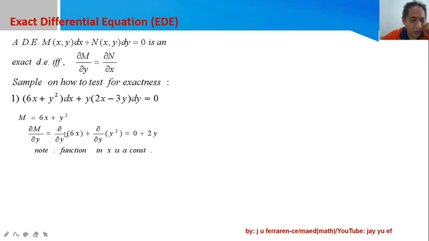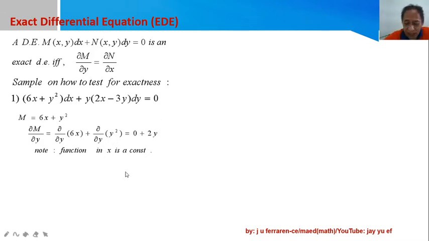So, differentiating partially with respect to y, the variable x here is considered as a constant. Thus, the first term is free from y, which means this 6x term is a pure constant term, the derivative of which is 0. Y squared, differentiated with respect to y, is equal to 2y as its derivative.